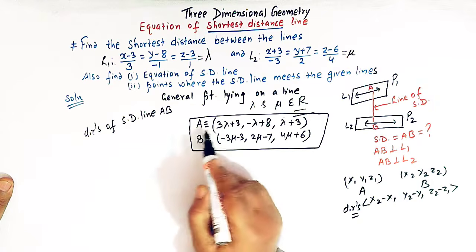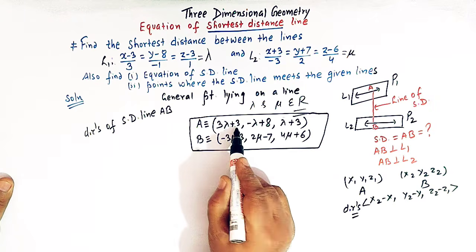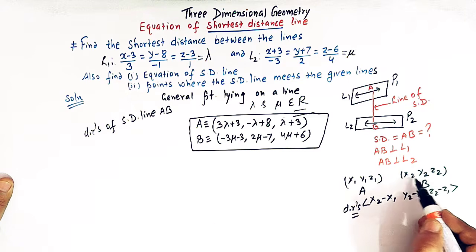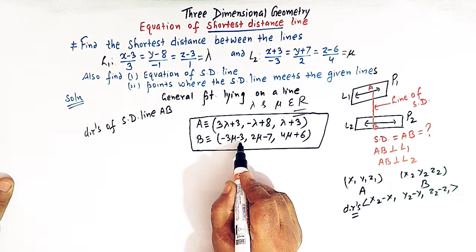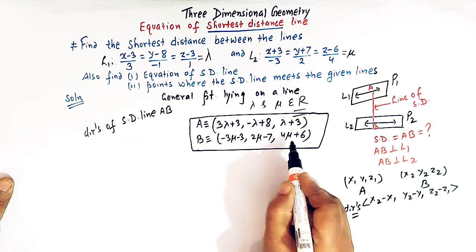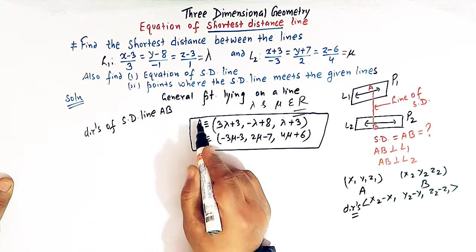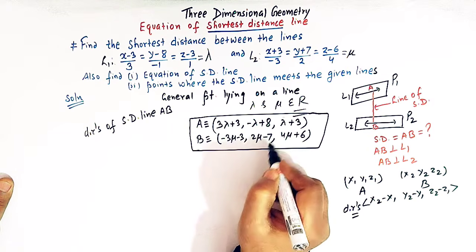So here x1, y1, z1 may be taken as 3 lambda plus 3, minus lambda plus 8, and lambda plus 3, and x2, y2, z2 can be taken as minus 3 mu minus 3, 2 mu minus 7, and 4 mu plus 6, right? So to get the direction ratios of AB, we have to subtract the coordinates.